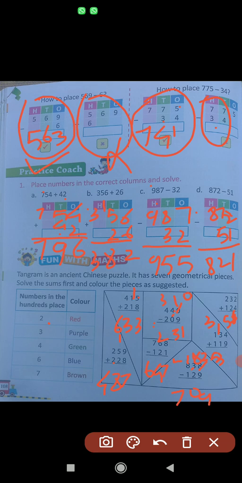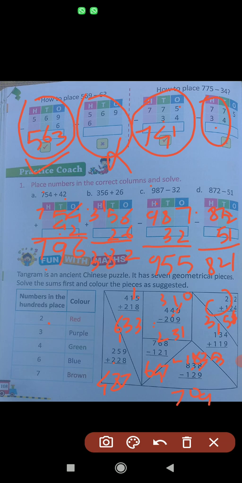Next, see in which answer 3 comes in the hundreds place. So see, 3 comes in the hundreds place when we add 124 to 232 in this question.